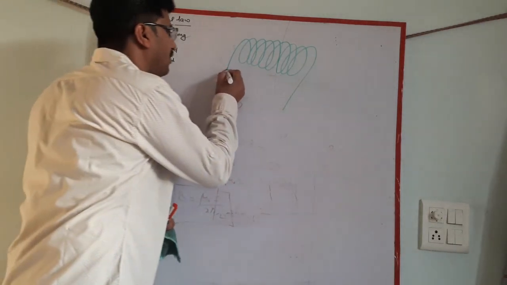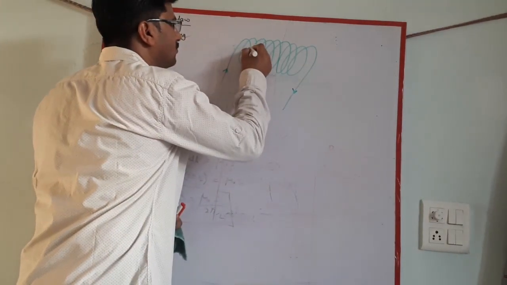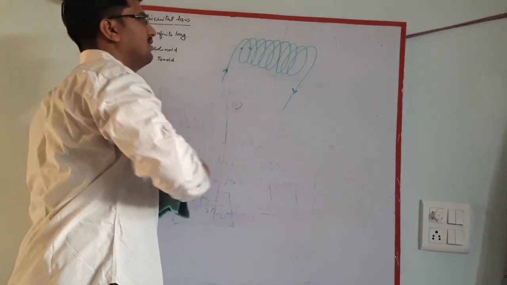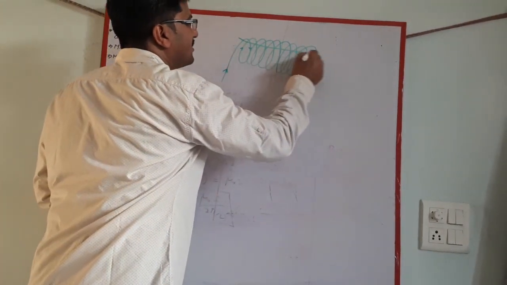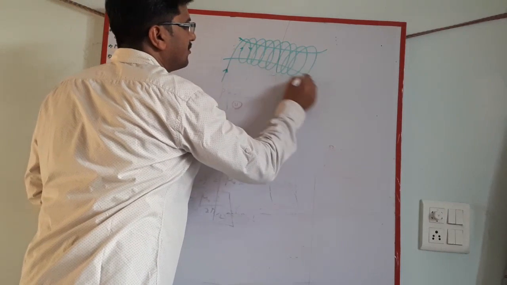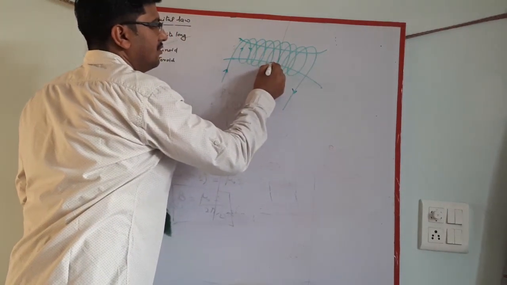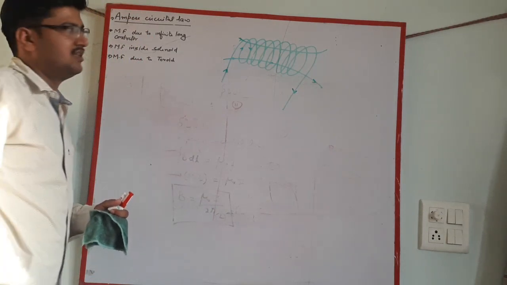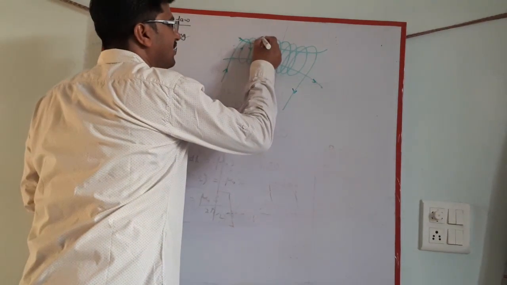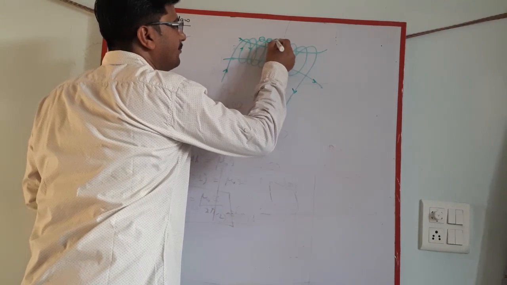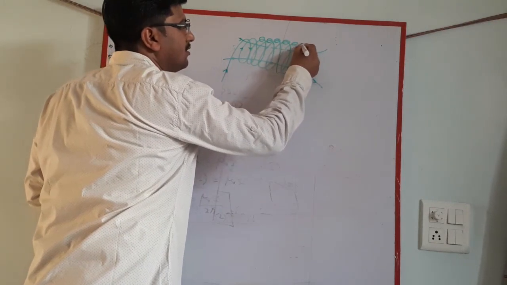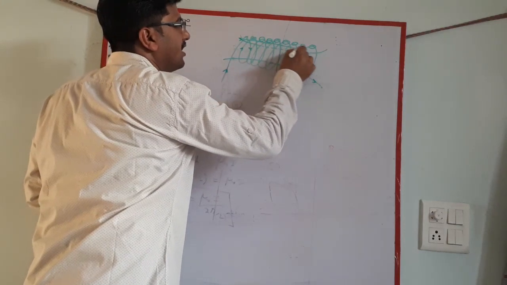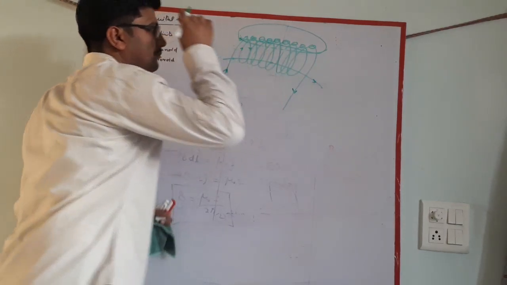And when current flows through this solenoid, a magnetic field develops inside it and around it. Each loop produces a magnetic field, and the net vector sum of all magnetic fields forms one closed loop.